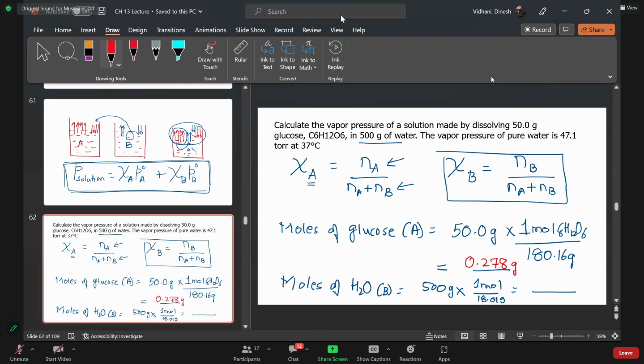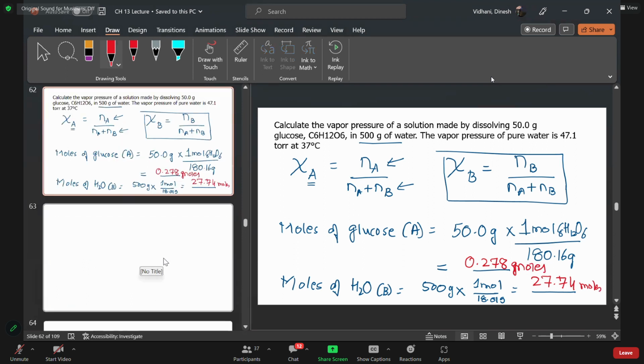And how about for water? I see 27.74. Is it for water? Okay, so we found the number of moles.